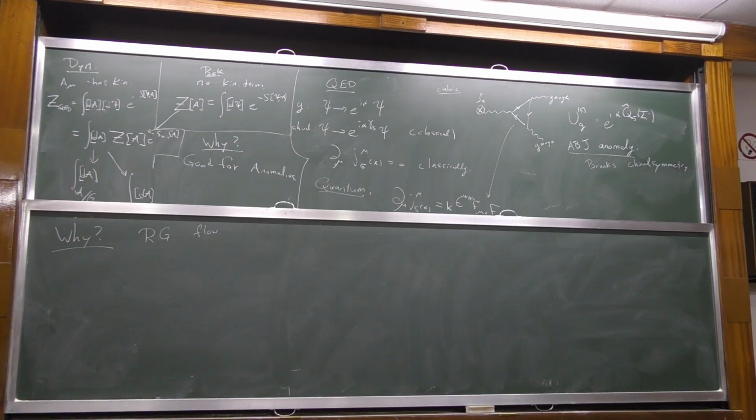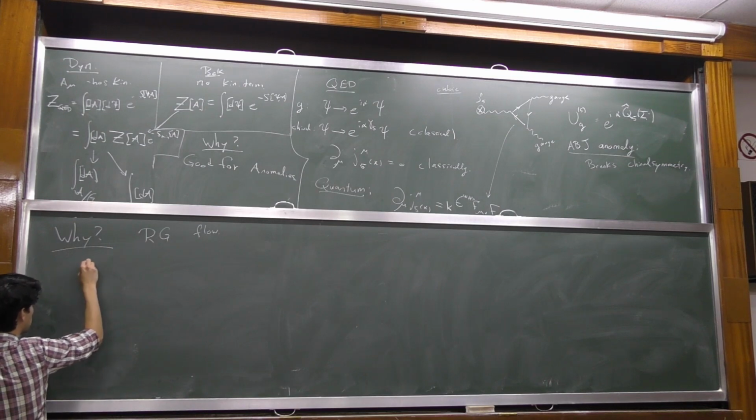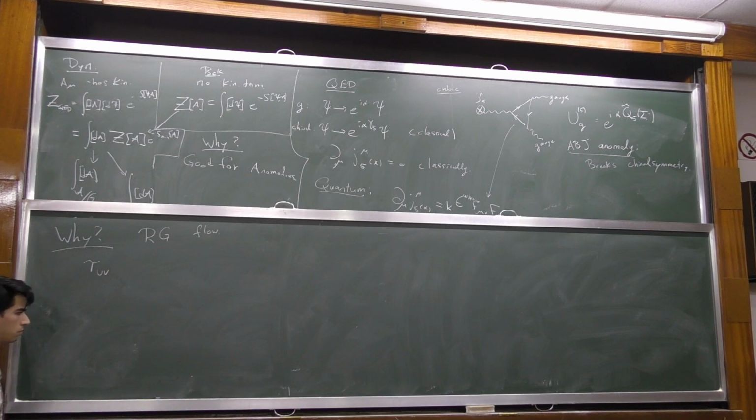The way we think about quantum field theory is that I give you some sort of UV quantum field theory. Usually the way we say it is that there's some conformal field theory that defines the short distance behavior of your universe, if you will.